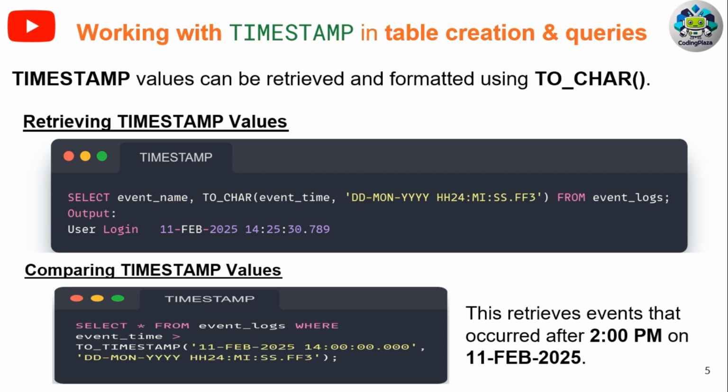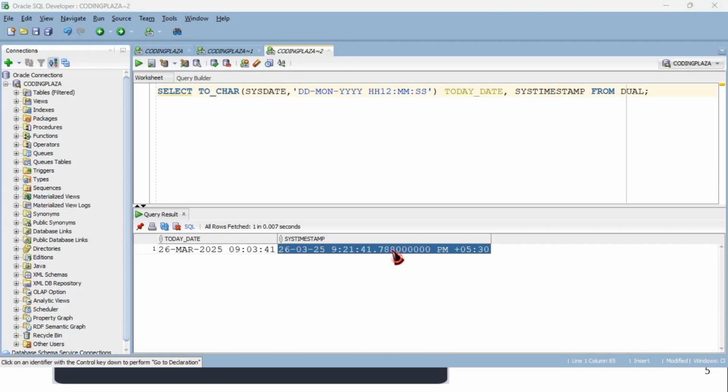Here you can see SELECT event name, TO_CHAR of event time, which is the column you are using as a timestamp. Along with that, you can see the format I have given. Don't get confused, I showed FF earlier. Here you see 788 and so many decimal digits came.